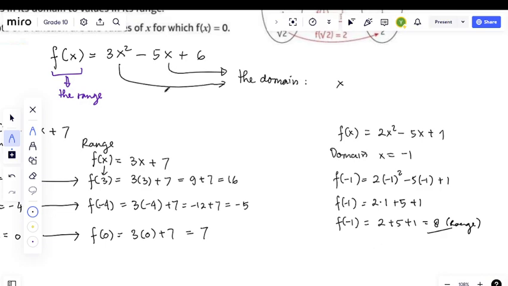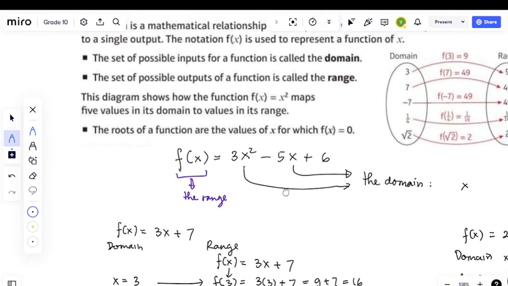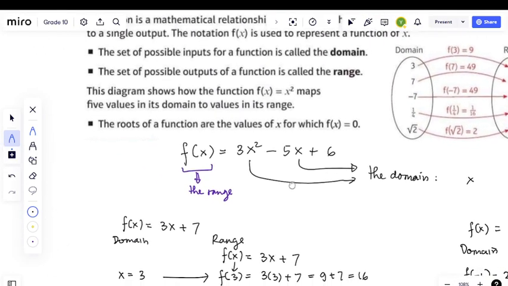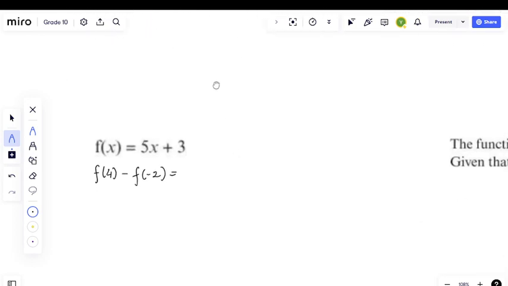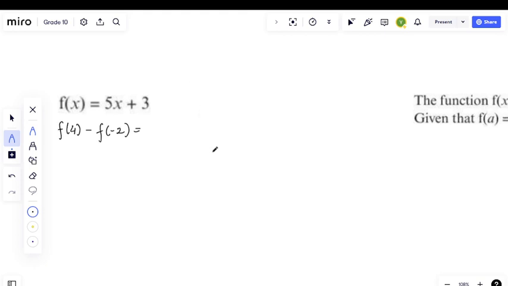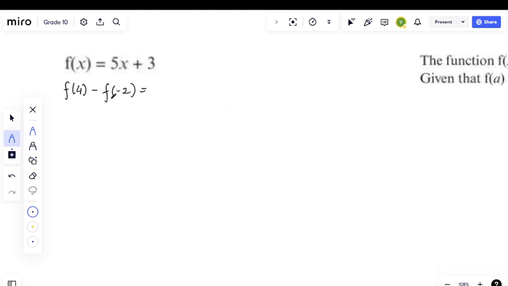That's what I want to explain a bit about the functions here. So I'm not going to talk a lot about this. Let's go to the next things. Nah, ini contoh. f(x) is 5x plus 3. So when f(4) minus f(negative 2), then what's the result?